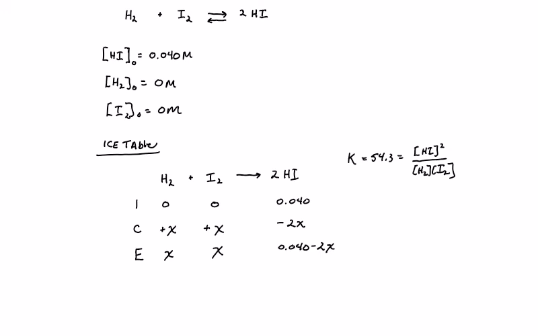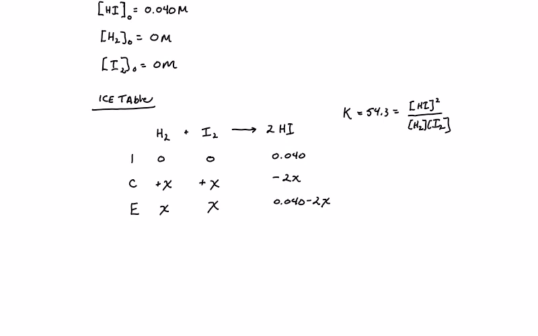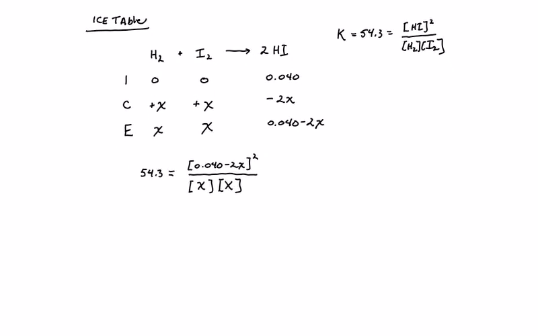So now to calculate what the equilibrium concentrations are going to be, we just plug these values in. So we have 54.3 being equal to 0.040 minus 2x, all that squared, divided by x times x.